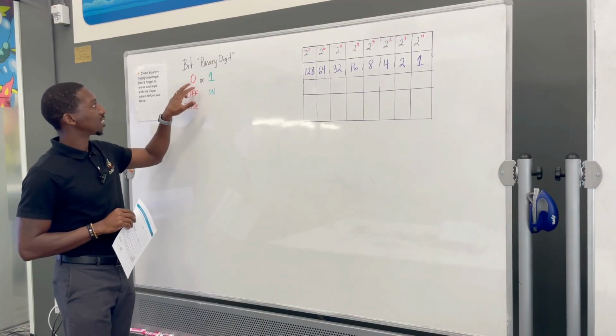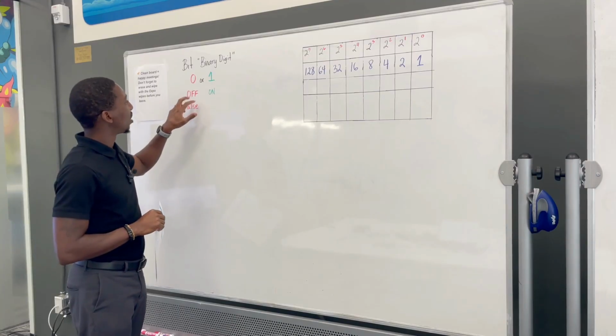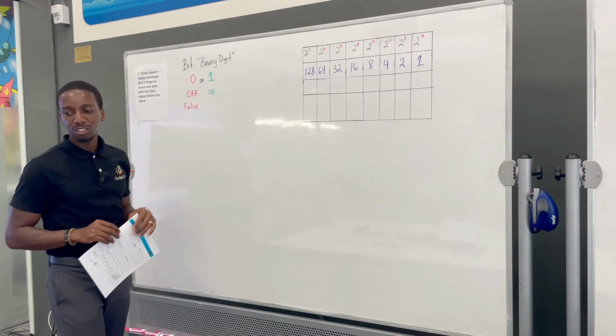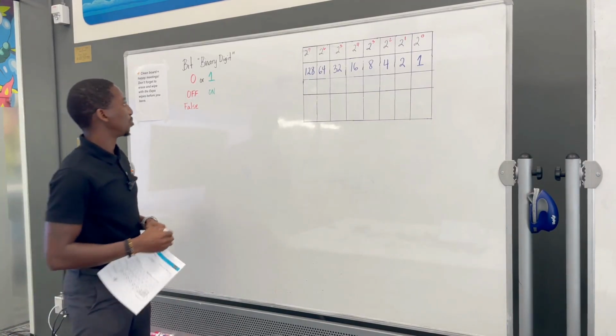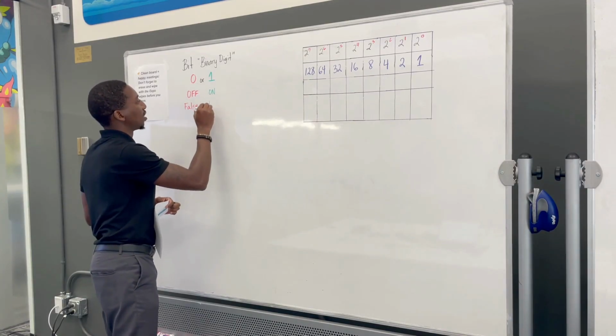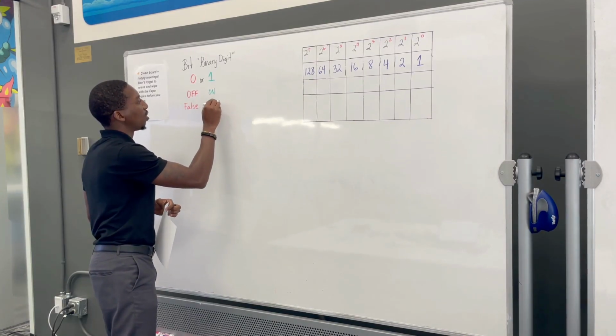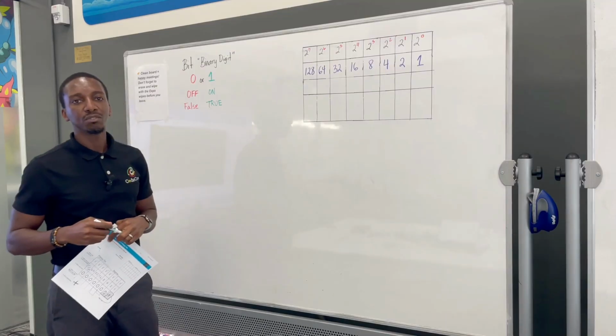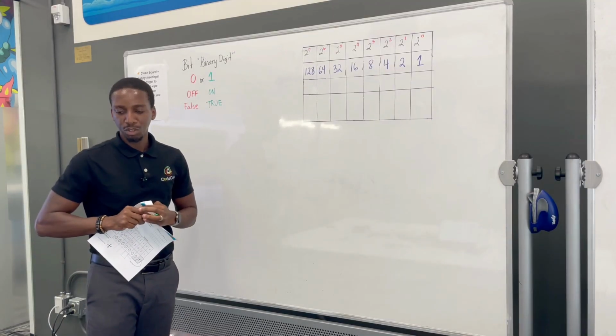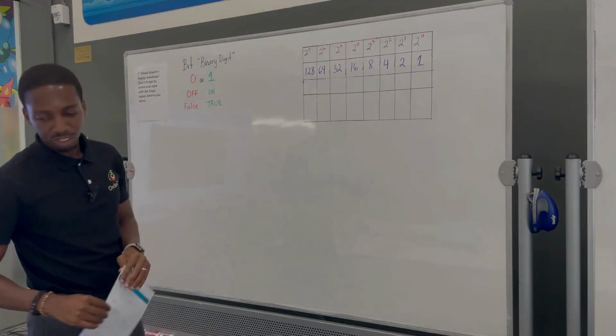And sometimes it's 0 or 1, off or on, false or true. So all these are representations of the binary digits, 0s or 1s. So let's get right into it.